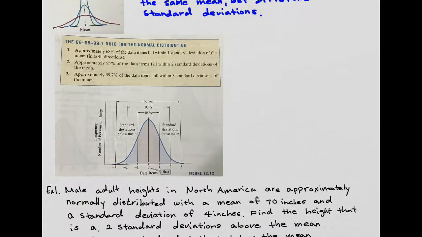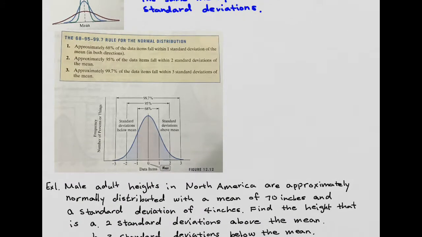This shows you standard deviation 1, 2, 3. The area of your normal distribution is going to be about 68% within 1, 95% within 2, and 99.7% within 3.